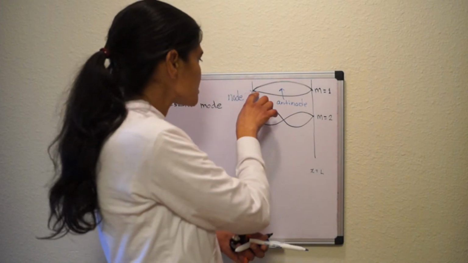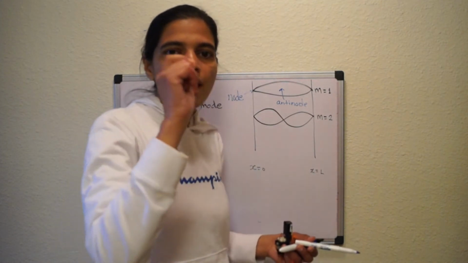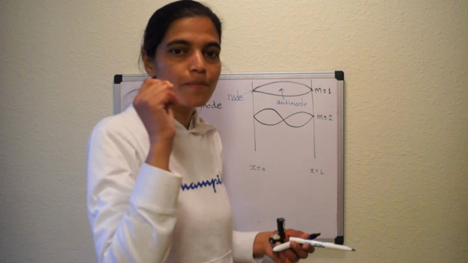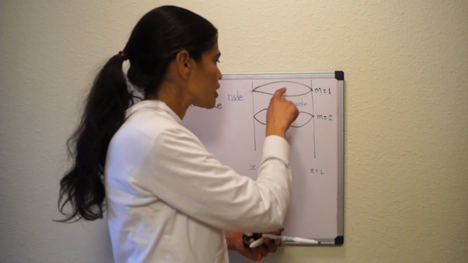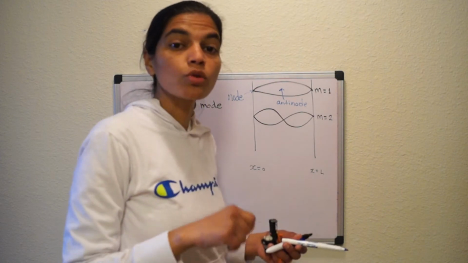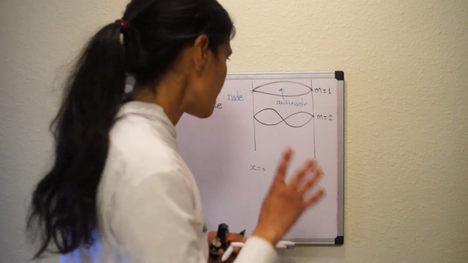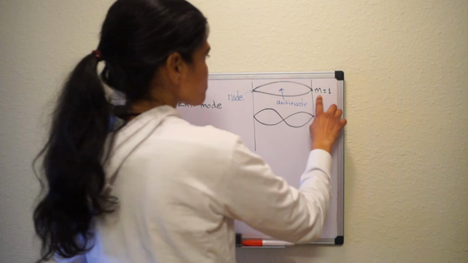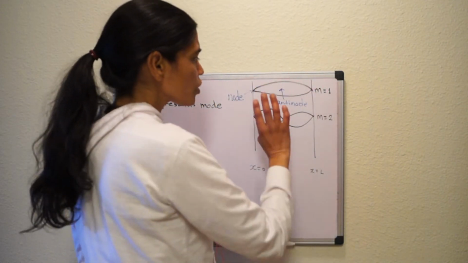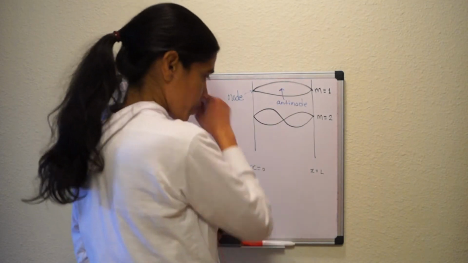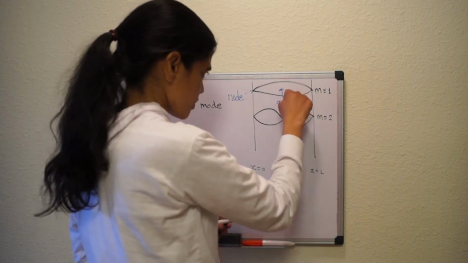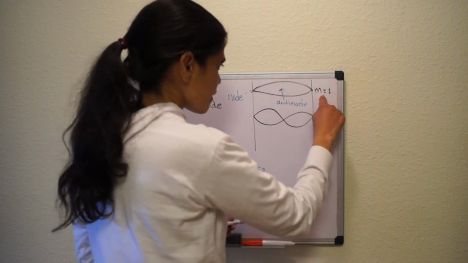Then node represents this point where the amplitude of the oscillation of the particle is minimum. Antinode is a space where the amplitude of the oscillating particle is maximum, okay? So we can say this mode refers to the number of antinodes we have in the standing wave. So here we have only one antinode, look at this space, that is m equal to 1.